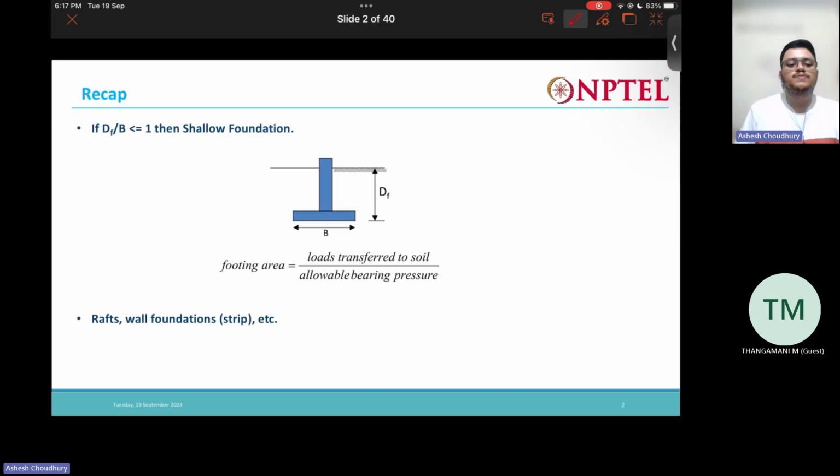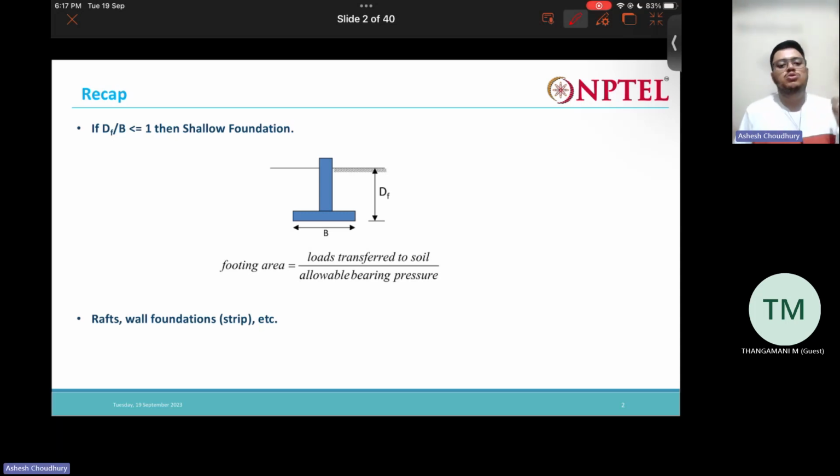In the case of shallow foundations, how do we calculate the footing area, the area that we need to provide so that the oncoming load is safely transferred to the soil? Footing area is equal to the load transferred to the soil divided by the allowable bearing pressure. When I say the loads are safely transferred to the soil, that is ensured by this allowable bearing pressure.